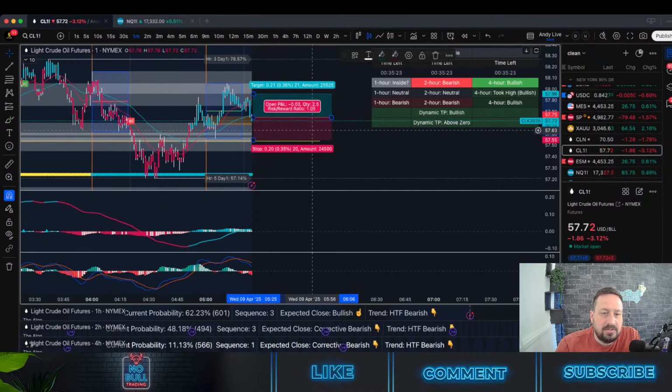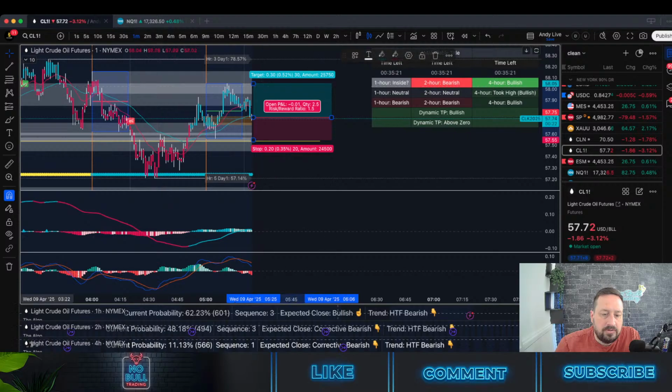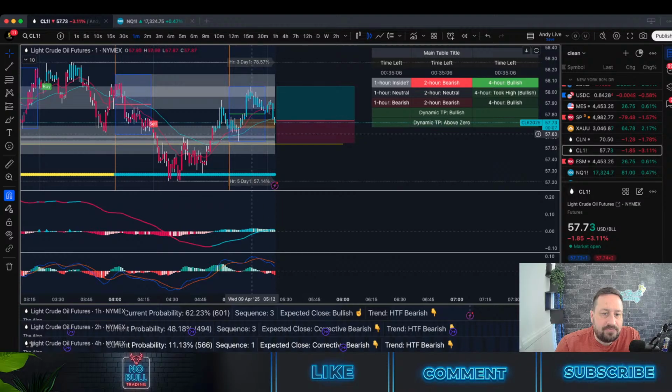However, if you look at the MACD, look how it's coming down and the weakness, right? You could wait for this to show some sign of potentially not going to correct under. But even then, you know, you've got 62% probability.